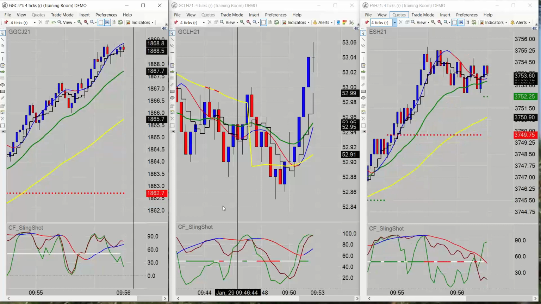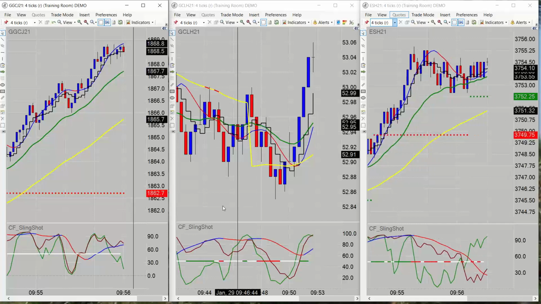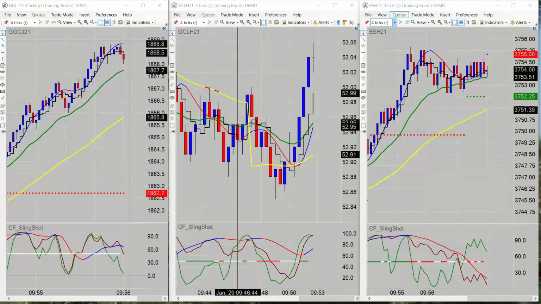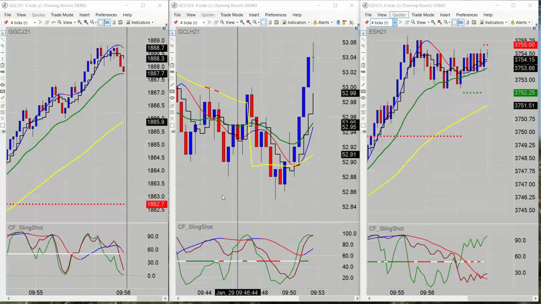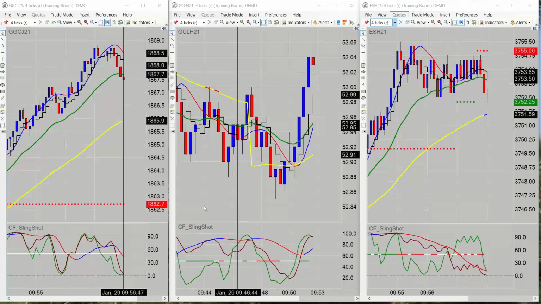Is there a best time of day for each market? William, that's a great question. That would take some research. Obviously, when crude opens at 9 a.m. Eastern, that's a good time to get involved in that. At 9:30, the U.S. retail markets open.